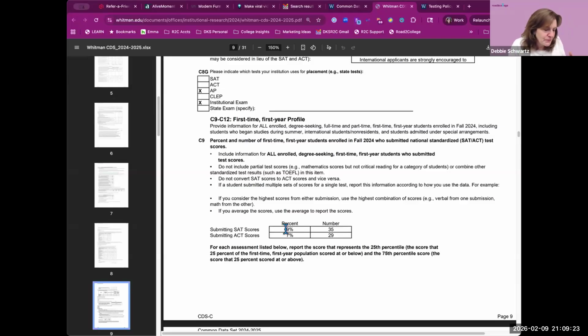So let's back into that again. We don't have the ideal information, but if 40% of enrolled students also submitted their test score, you can only imagine that the number of students who applied with a test score was even higher. So these are little pieces of data that give you a clue as to when a school says we're test optional, how seriously test optional are they?